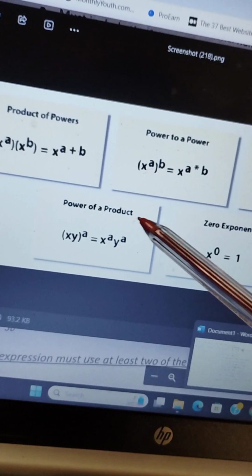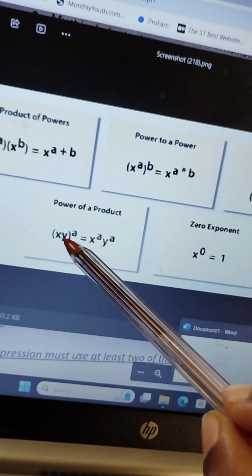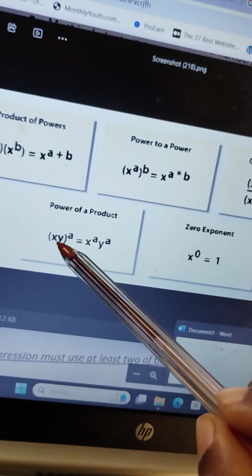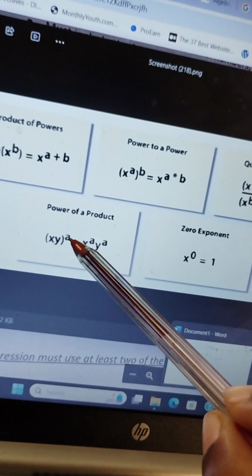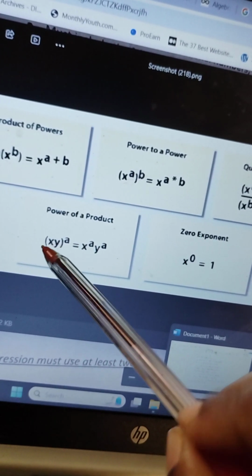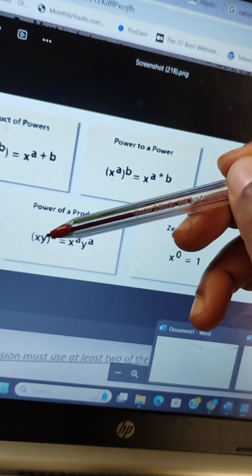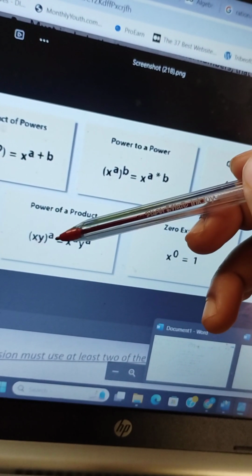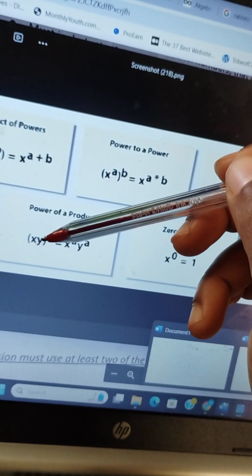And power of a product, again, this is like a base, but it's a variable, xy. When it is raised to a power, so say for example this was 3x and 3y, you would multiply the power by each of the variables and the coefficients that are there.